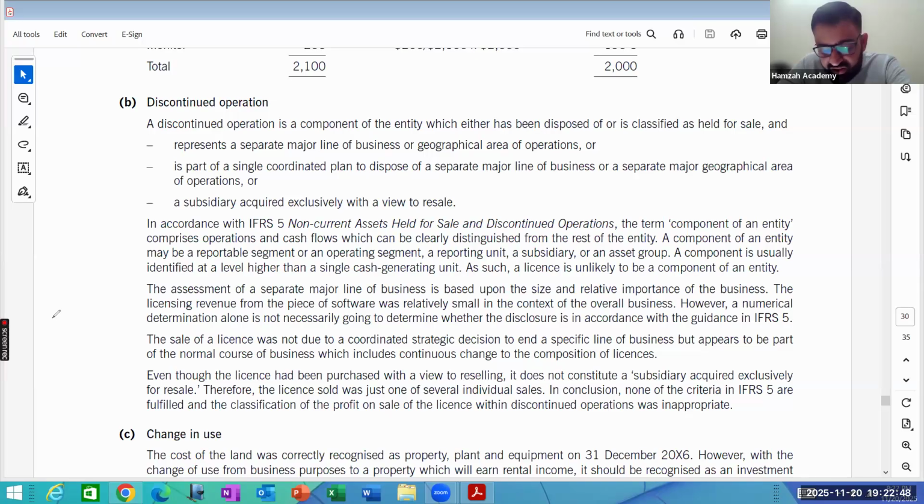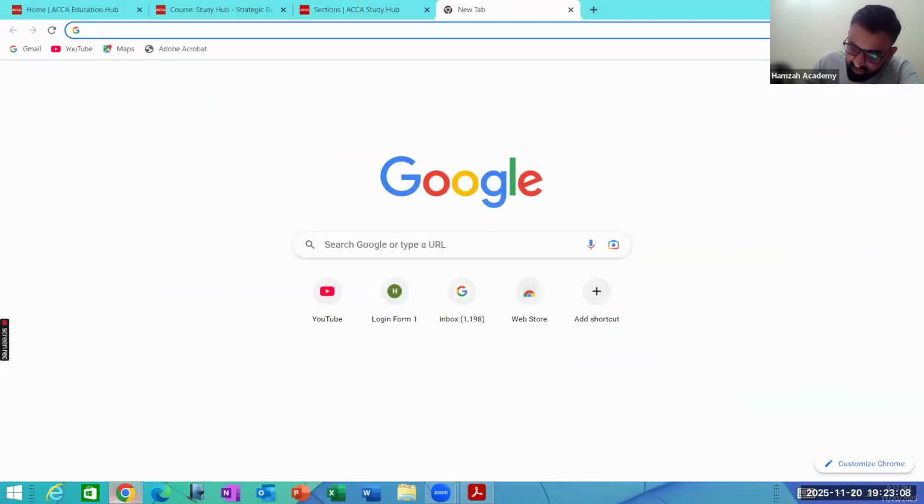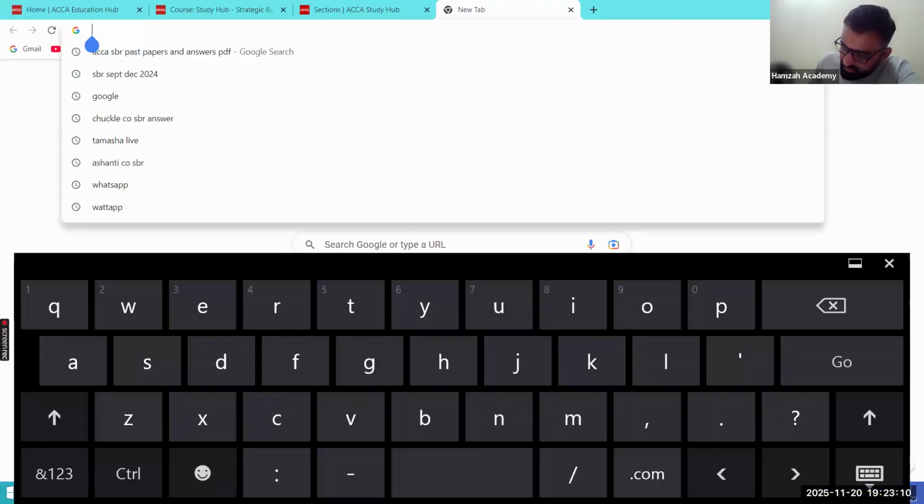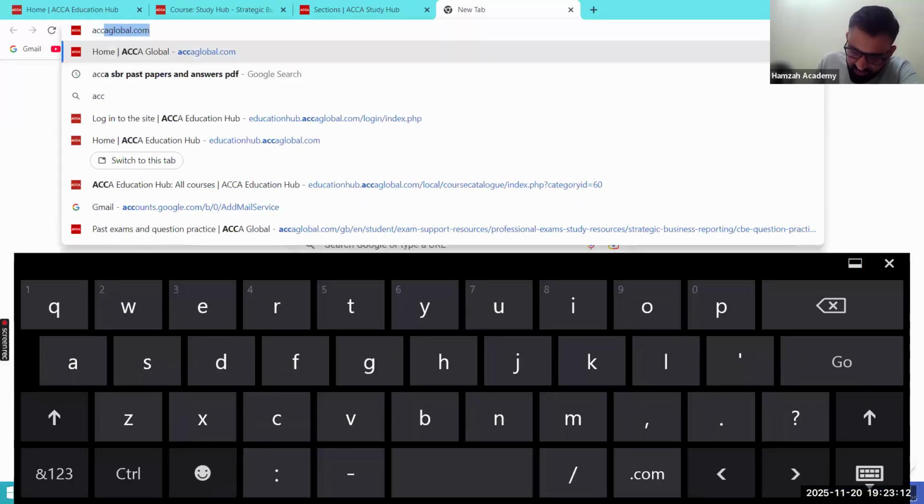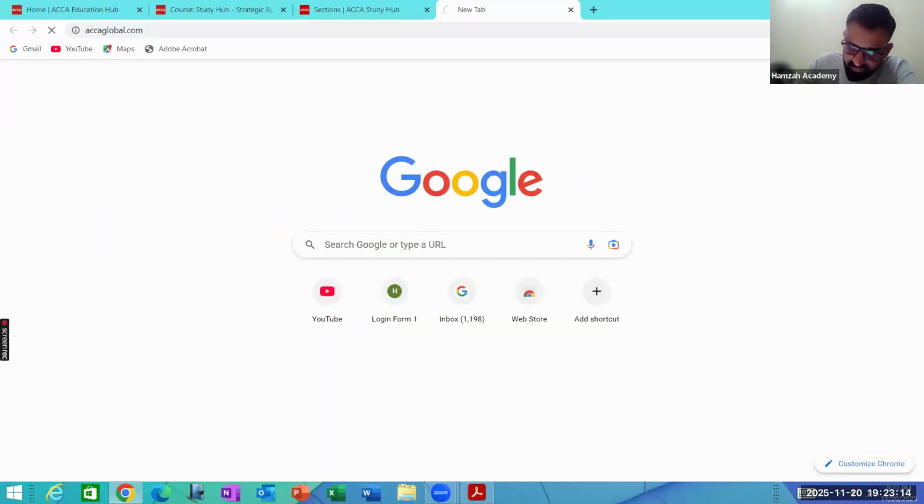It's not a major product line or geographical area, it's not a strategic plan to exit from a complete product line or geographical area, and it's not a subsidiary which has been acquired with a view to resale. That's why it does not fulfill the definition of a discontinued operation. Okay.